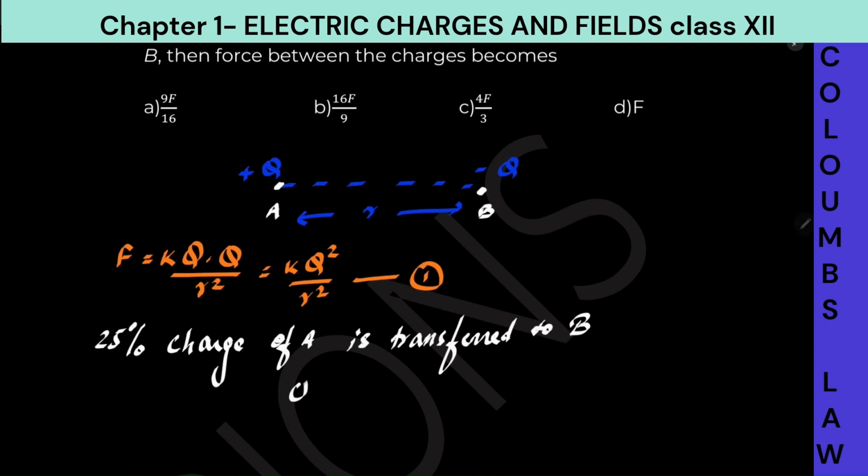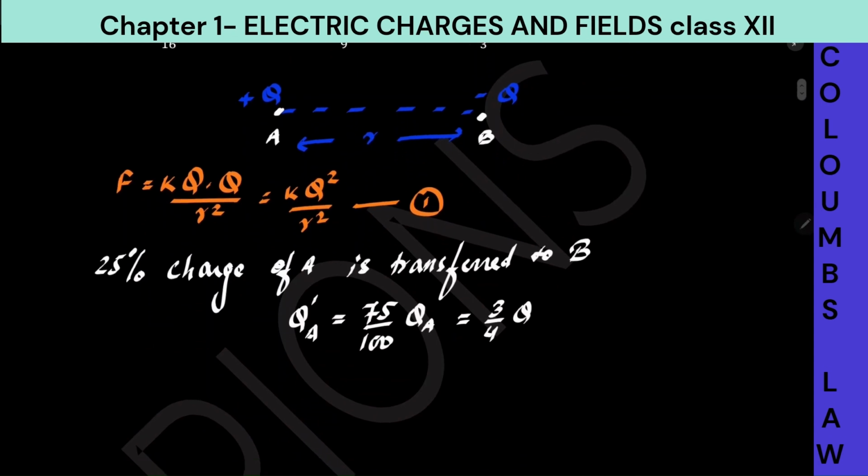So what is the new charge on A? Q dash A will become 75% of the charge on A, and that is nothing but 75 upon 100 times QA. QA is Q, so let's cancel out, it will be 3 by 4. If you divide by 25, 25 3s are 75, 25 4s are 100. So 3 by 4 into Q. This is the new charge on A after the transfer.